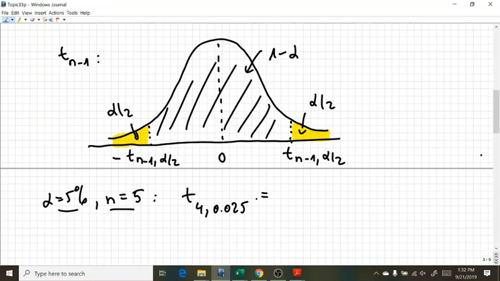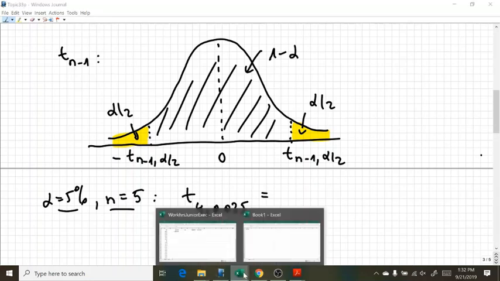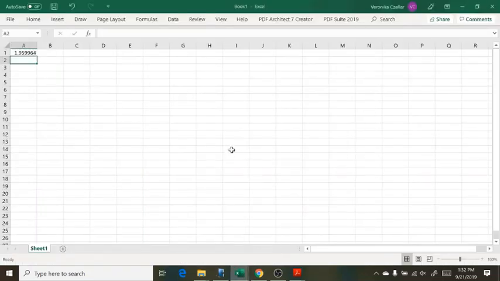Let's start with Excel and then with the table. So with Excel, we write TINV, and then I specify the probability. Take care, it is really the 5% that I need to specify, and then the degrees of freedom, which is 4. So I get 2.776, right?